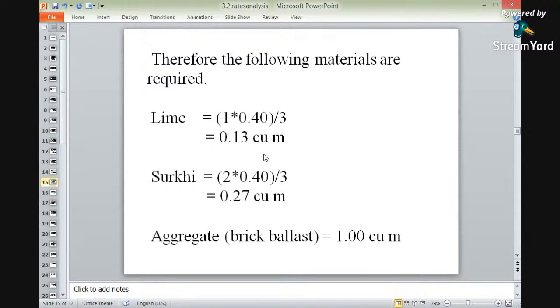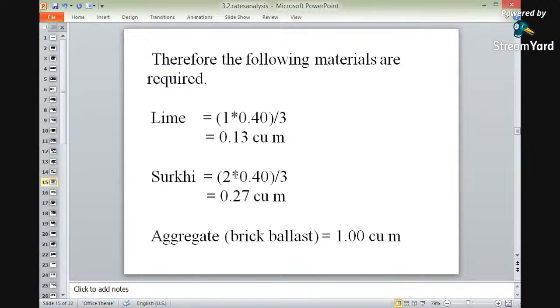Therefore the following materials are required. That is lime. In this case, how many parts of lime are there? 1 multiplied by the total 0.4 divided by how many parts there are, so 3 parts, 1:2, that is total parts 3. Lime has been considered as 0.13 cubic meters. Again for surki, how many parts?